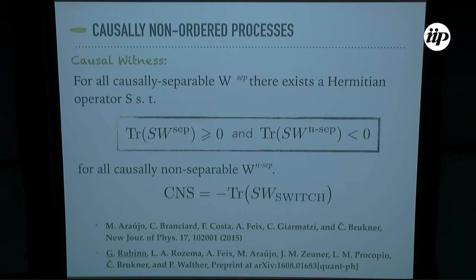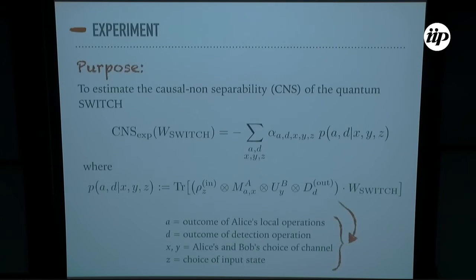In particular, in our experiment, we decided to define a causal non-separability parameter, which is defined as minus the trace of the causal witness with the W. And so basically, if we get a value which is above 0, we have demonstrated that our process is causally non-separable.